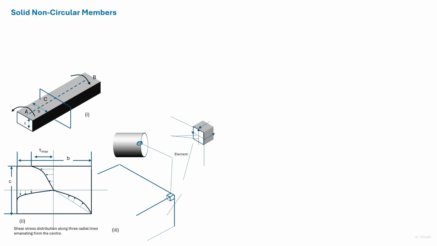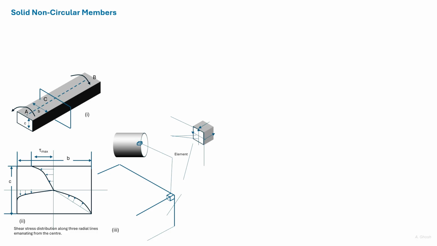It was only for a bar of circular section that a relation between stress and torque could be given. This is not generally applicable. For solid non-circular members, such as a member with a rectangular cross-section or a square cross-section, a compact formula cannot be given.